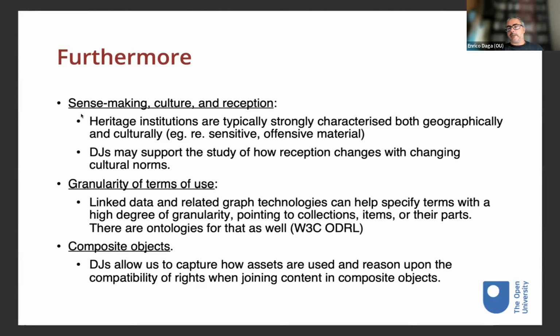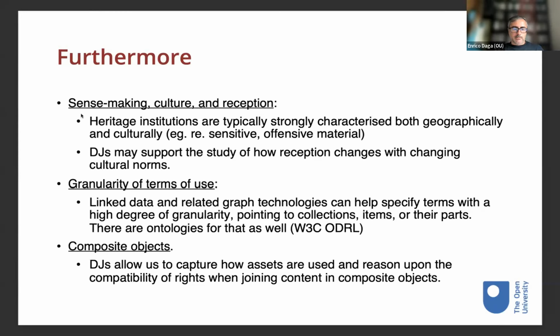And if these types of representations become a first-class citizen in cultural heritage archives, it can allow a lot of interesting information to be preserved. And the granularity of this information will allow us to reason in a very fine-grained way with terms and conditions, and possibly open new opportunities for rights management.